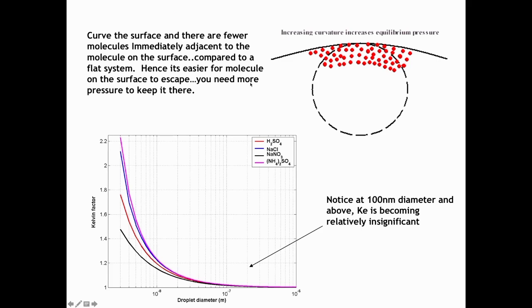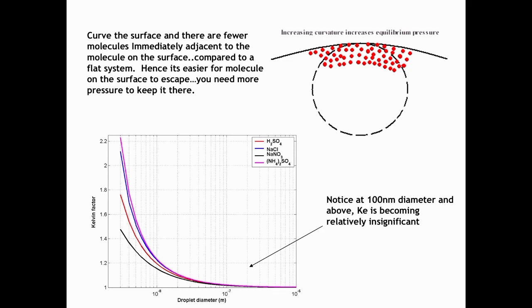So you don't really need this. This is kind of background reading. But basically, it's because as you bend a surface, the molecules can escape. So if the molecules can escape, what's that do to the vapour pressure? It increases the vapour pressure for the same amount of water.